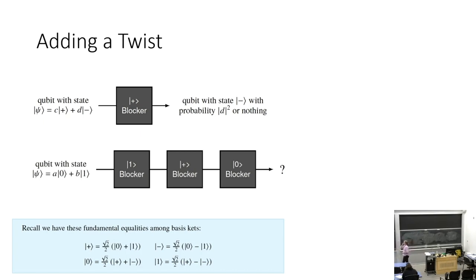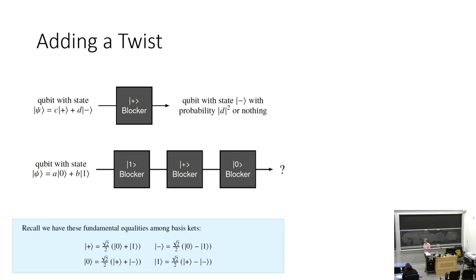do I get? And so to answer this question, it's useful to remember that our plus states and our 0 and 1 states are related to one another, based on what we discussed with the Bloch sphere. So after the 1 blocker, I'm going to have 0 with probability A squared, if anything, and assume something is there, then this is also equal to square root of 2 over 2 times 1 plus minus.